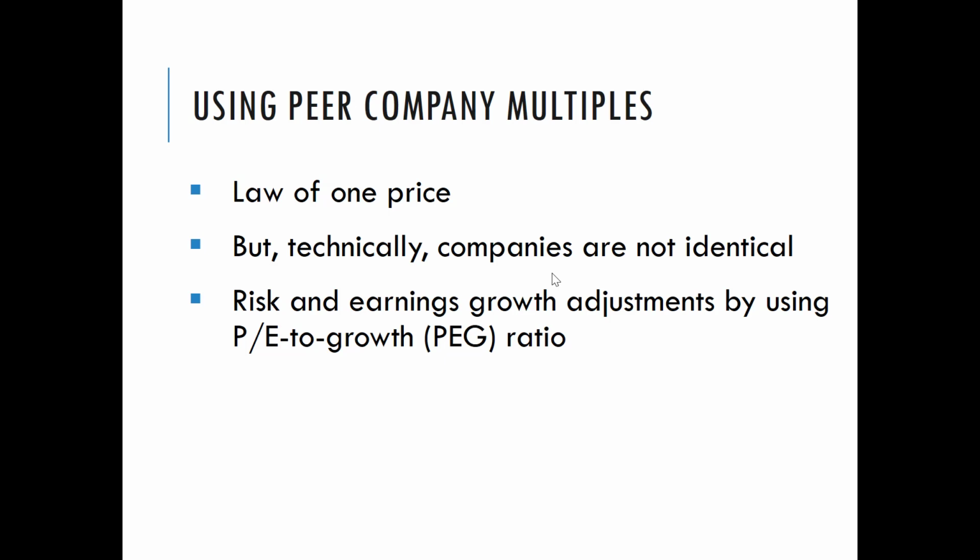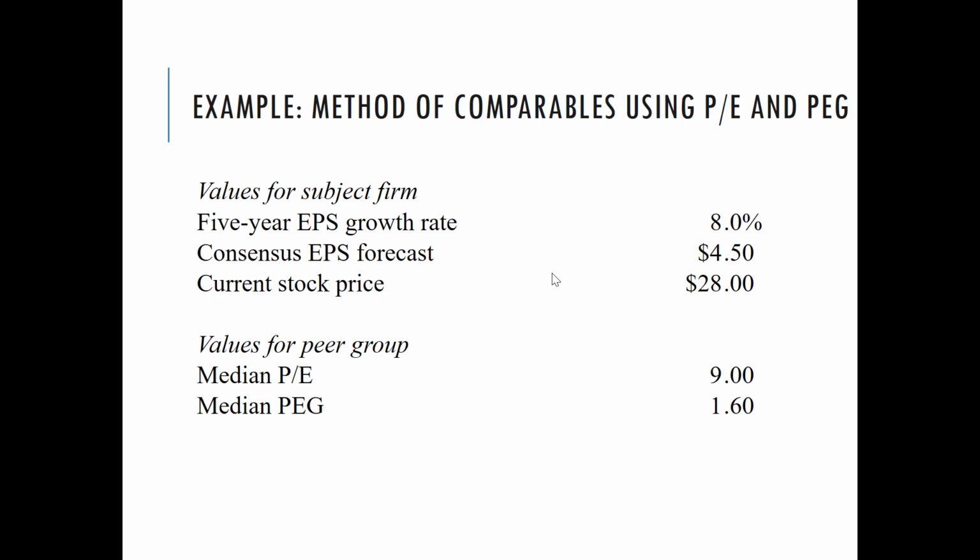One of the things that we could consider is the price to earnings to growth ratio, which basically tells us what your PE is in relation to your growth. So in this example, we have a firm with an earnings per share growth rate of 8%. The current forecasted earnings per share is $4.50, and the current stock price is $28.